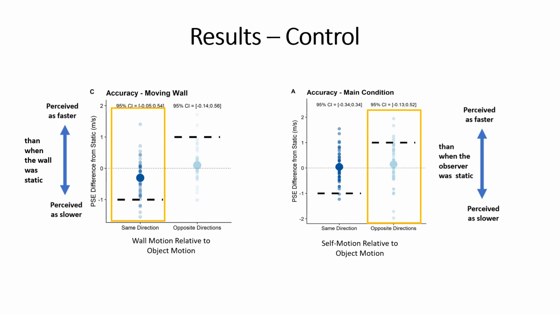So biases from this control condition here, where the wall moves in the opposite direction of the target, would also be present in this condition here. So induced motion might actually shift the PSEs downwards in the opposite directions condition and upwards in the same directions condition. And with that, it might mask biases due to self-motion, at least to some extent.